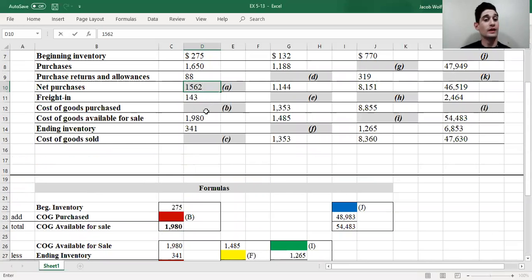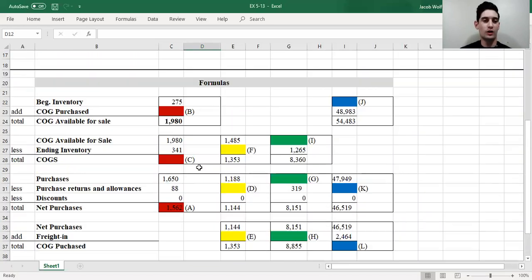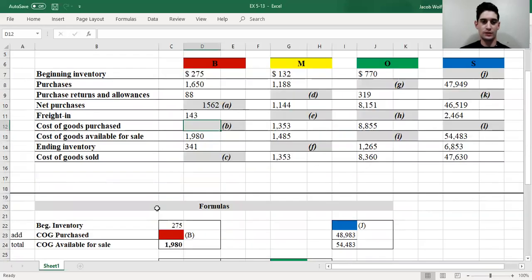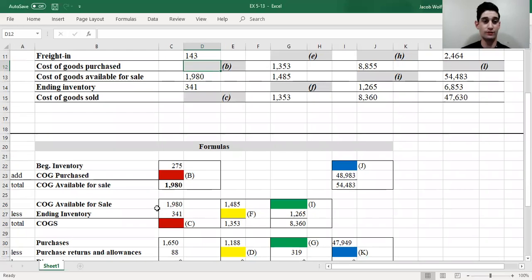Then if we're looking at B, we're going to be trying to find cost of goods purchased. A formula that had cost of goods purchased in it was this one down here: net purchases plus freight in is your cost of goods purchased. Actually, you know what? I used a different one for this one.